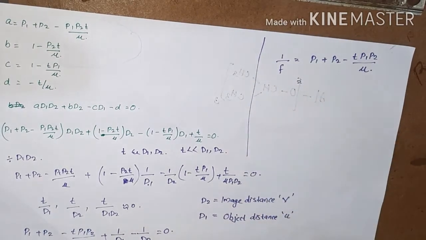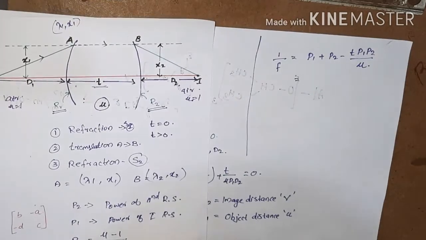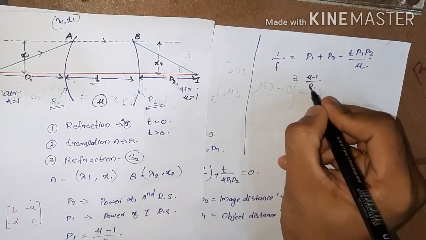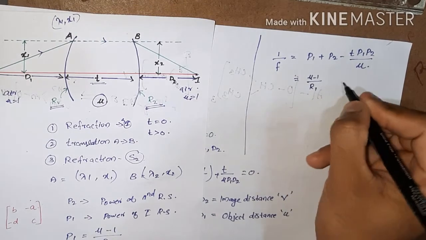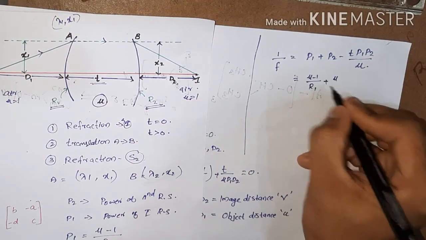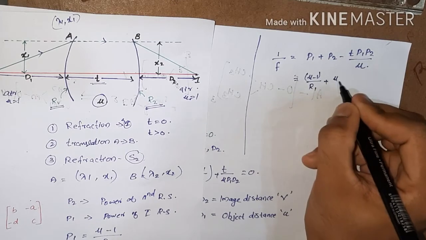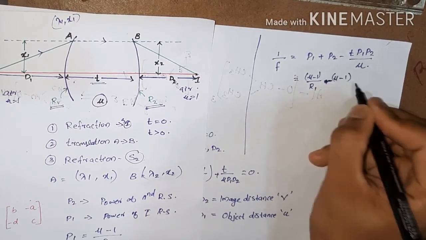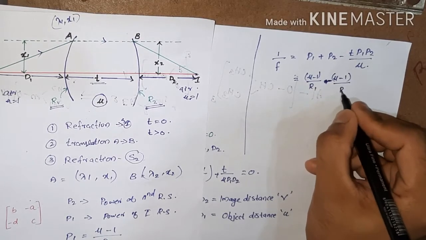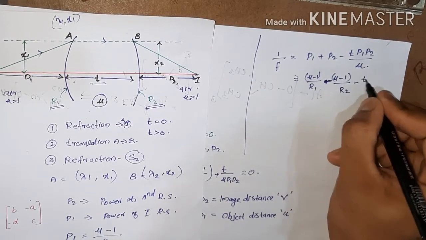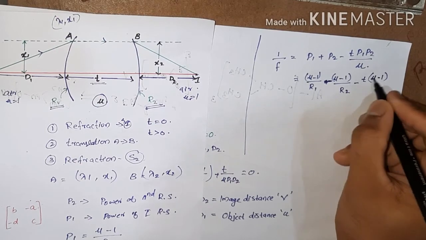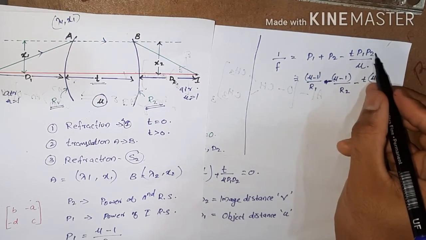That means p1, as we already discussed earlier, is mu minus 1 divided by r1, and p2 is minus of mu minus 1 divided by r2. Minus t into mu minus 1, into minus of mu minus 1.